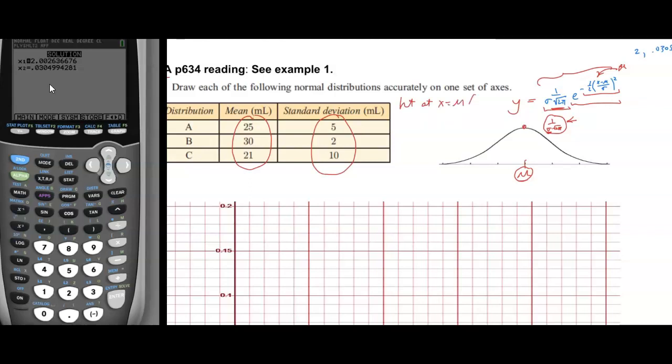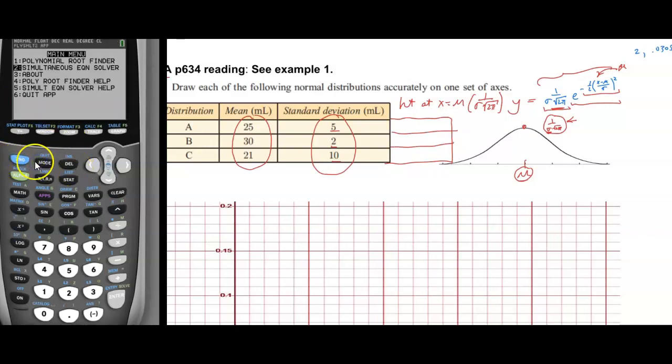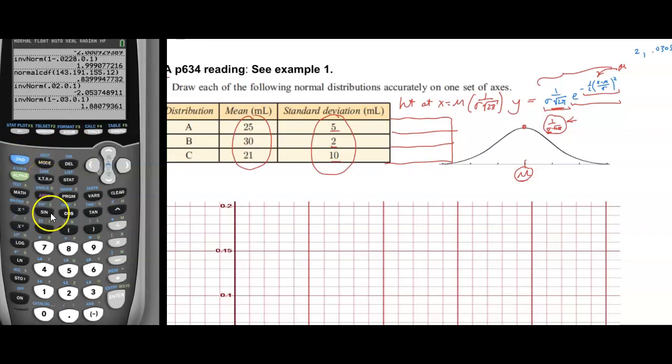So basically we can do that by doing 1 over sigma square root of 2 pi. Okay, so let's do that. For sigma 5, sigma 2, and sigma 10, we'll do it for these 3 different distributions, and we'll write the height right there, and then we're going to graph each one by hand, just to see proportionally what these 3 look like in comparison to each other.